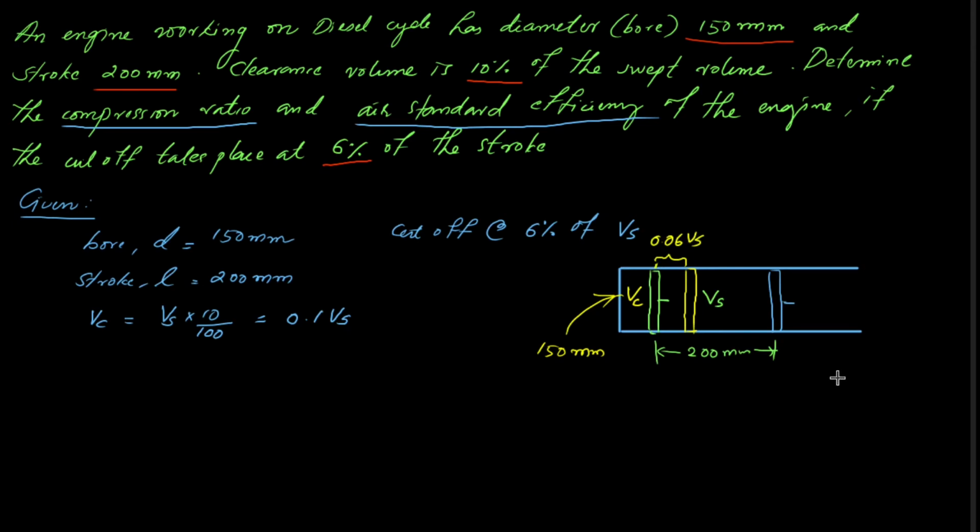So now we can calculate the compression ratio. Compression ratio R is equal to V1 divided by V2. Here V1 is this entire volume, so that will be equal to Vs plus Vc, and V2 is this volume, that is clearance volume, Vc.